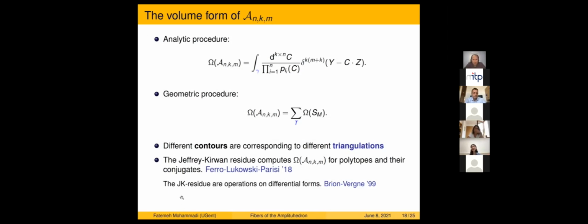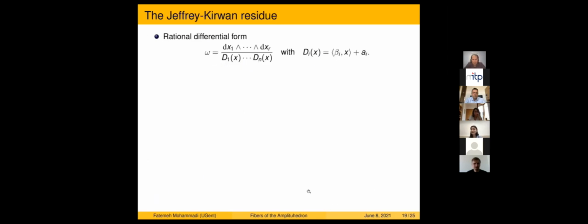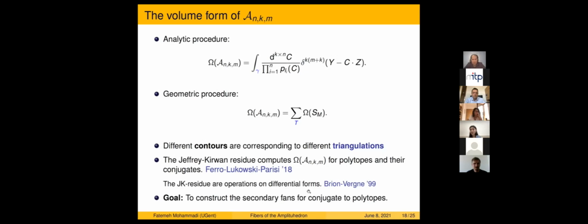I will define now what these residues are, but for now you can think of them as some operations on differential forms. And the goal is, you can already compute the canonical form of this fiber, so we would like to use these JK residues and the forms of the fibers to construct a secondary fan for these conjugate to polytopes.